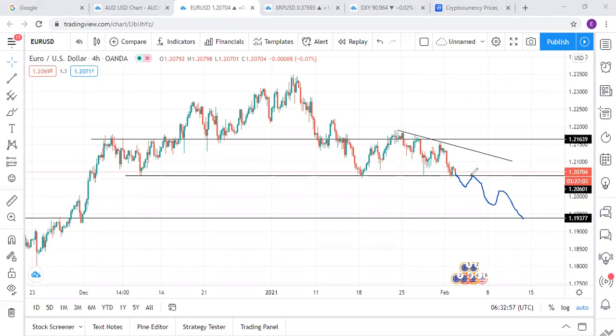Now, note this lower high: we can actually have something like a fake out even inside this zone before it starts going down again. So what I'm trying to say is just watch out for this area.